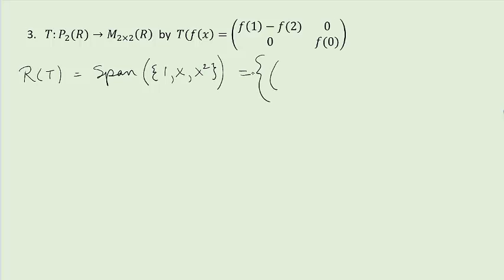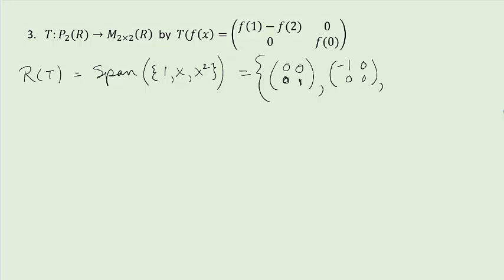If our function is f of x equals 1, a constant, then f of 1 equals f of 2 equals 1, so we have 0, and these two are 0, and f of 0 is equal to 1. If our function is f of x equals x, then f of 1 will be 1, and f of 2 is 2, so we get minus 1, and in the lower right-hand corner, f of 0 is equal to 0.